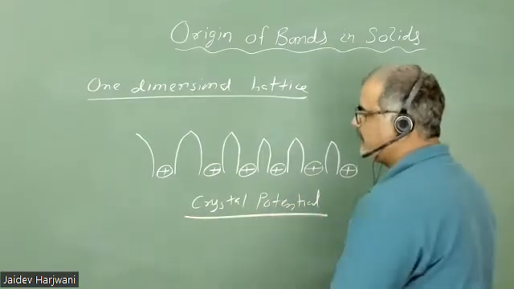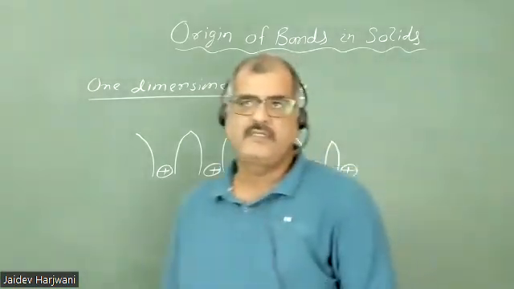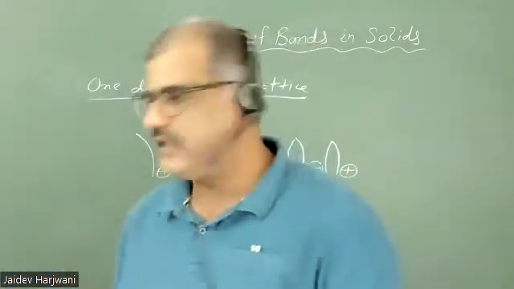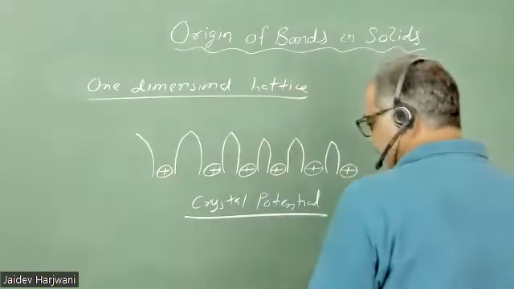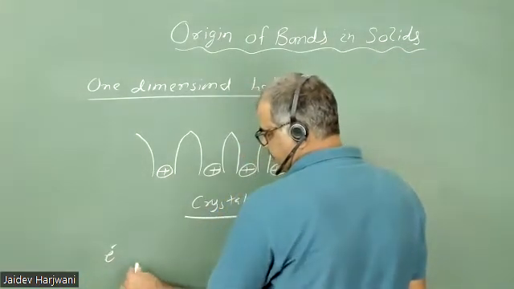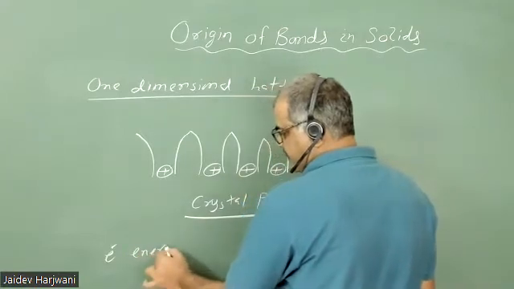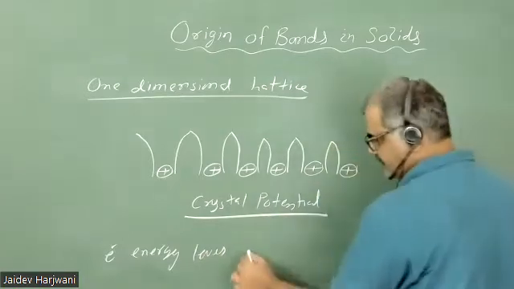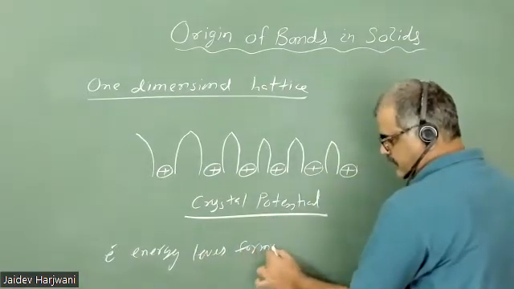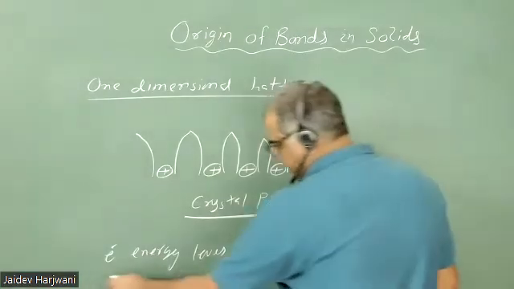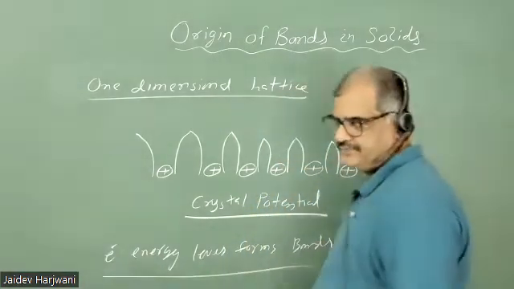Now when electrons are in this type of periodic potential, the electron energy levels form bands.